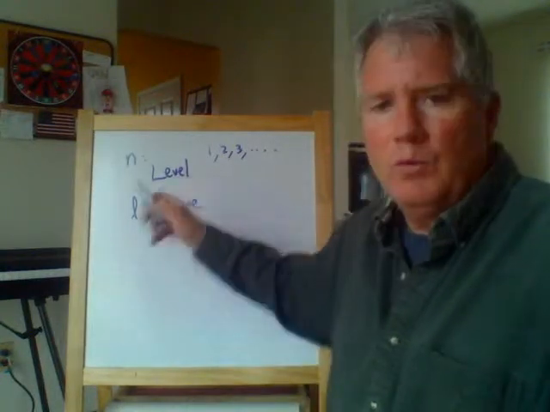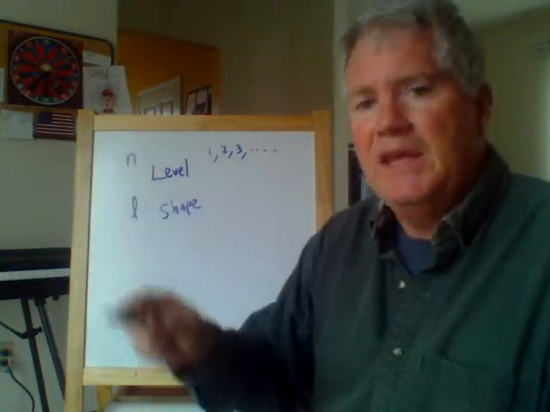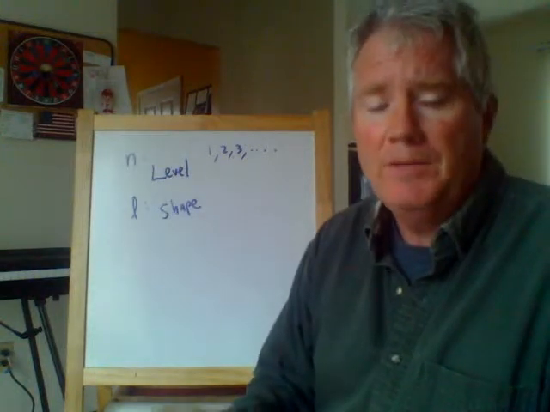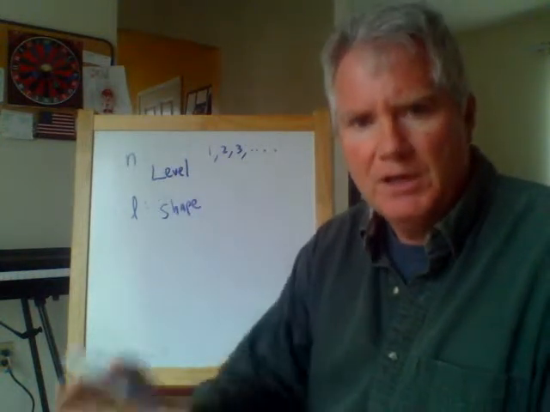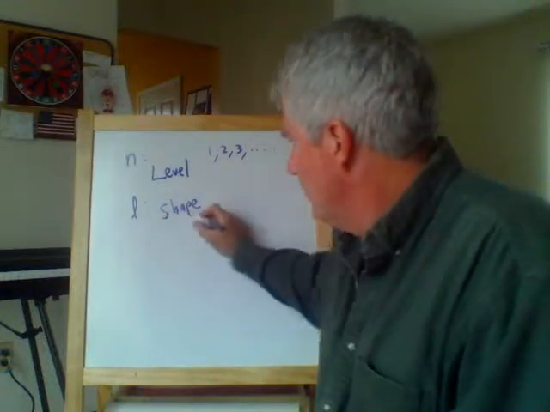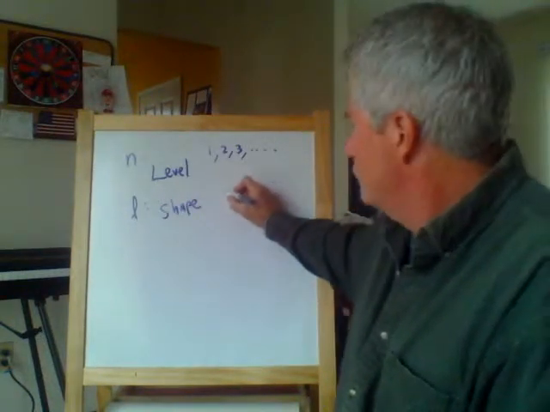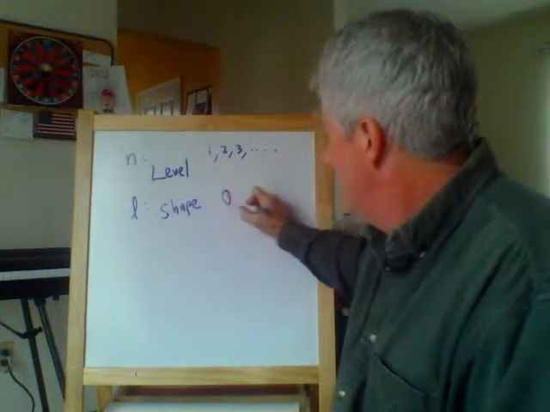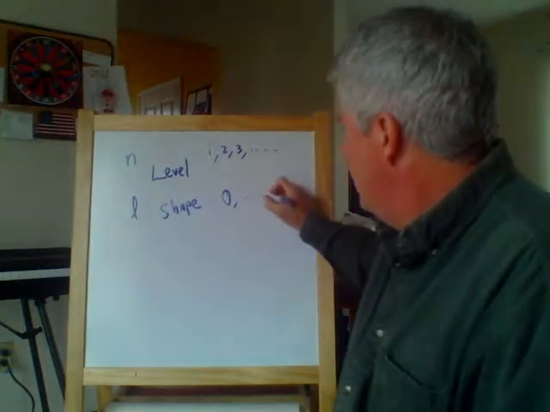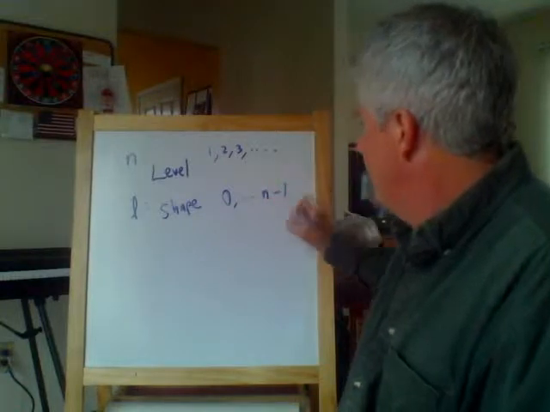The level is kind of like the size of the wave, but l is like the shape of the wave. We'll get into shapes soon. It turns out the allowed values of l start with 0 and go up to n minus 1.